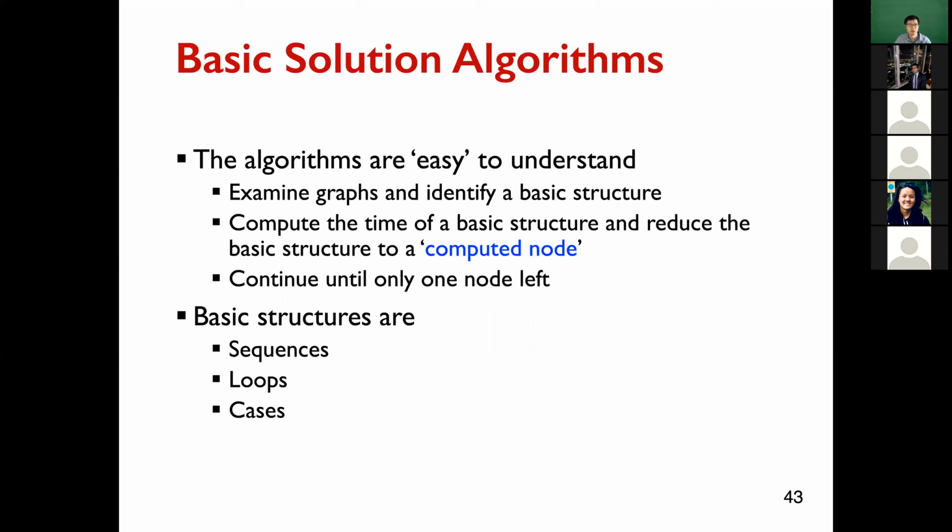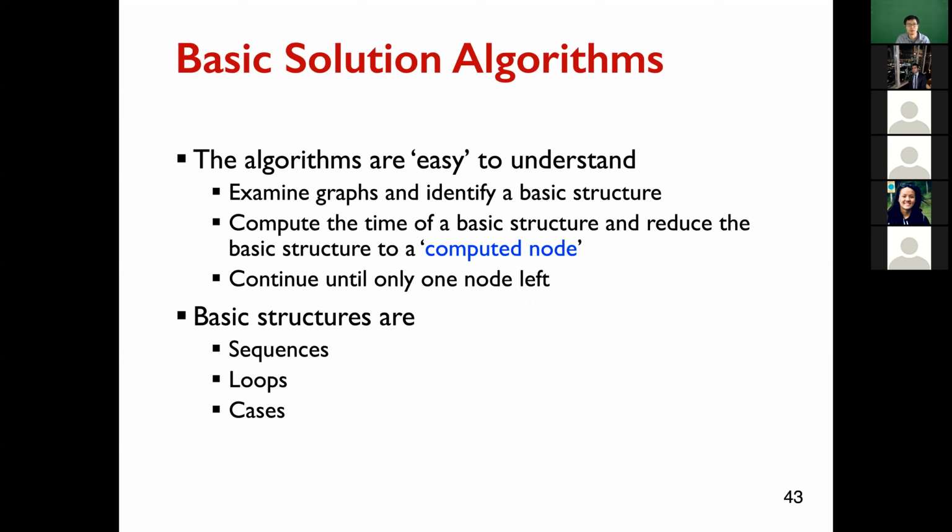Then we compute the time of the basic structure and reduce it into a computed node. So we reduce a small structure into a computed node. What is a computed node? We know the response time of this node already, right? And we continue until only one node is left. And we repeat this process. And how do we do this reduction, right?